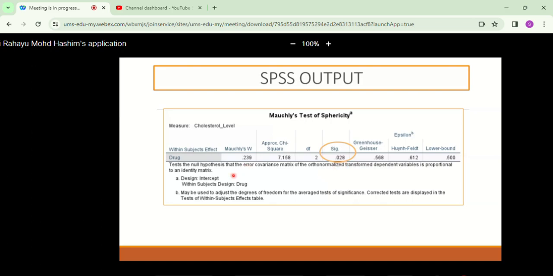If we write our hypothesis statement for our Mauchly test, the alternative hypothesis is that one of the sigmas differs from any of the other sigmas. At least one of them differs from the others. So here there is a significant difference in terms of the variances of the differences.